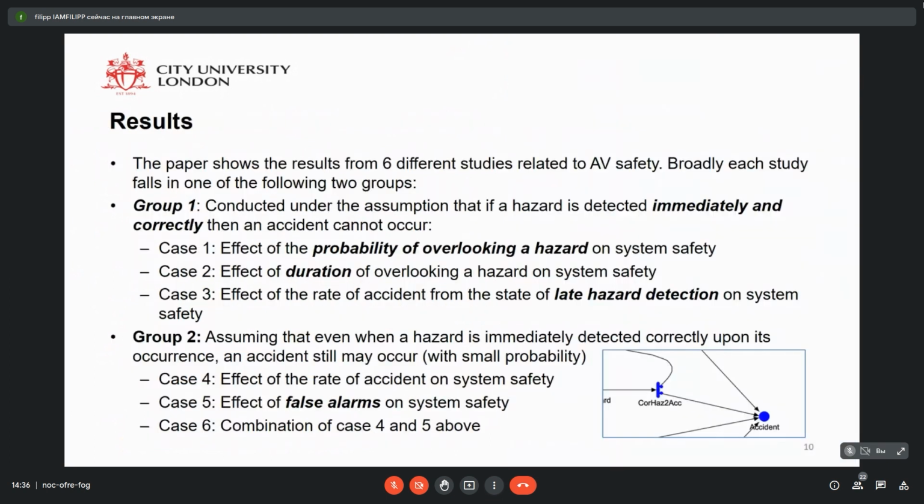So let's look at some of the numbers. We have a model, we did the parameterization, and we do sensitivity analysis, which means that we pretend this parameter has value so and so, then we change it to something else to see how the change of the parameter value affects the safety. And there are two groups. Initially, we say if the hazard is recognized immediately and correctly, an accident cannot occur.